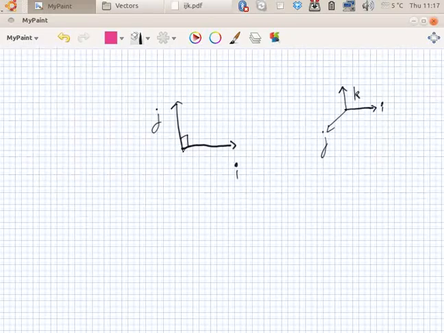So for example, let's say this vector here. What would you say that is in terms of i and j? 2i, no, be careful. Yeah, 1i plus 2j is 1 east and 2 north.